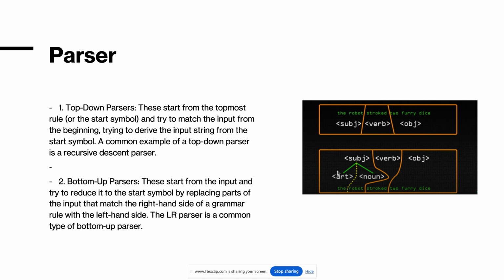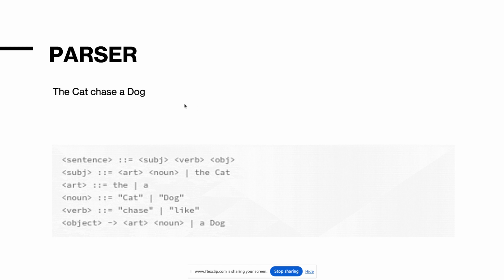We see these small units and make them into the sentence, the complete language that we define based on the grammar. Parser example: the cat chased a dog. So it's a sentence, right?